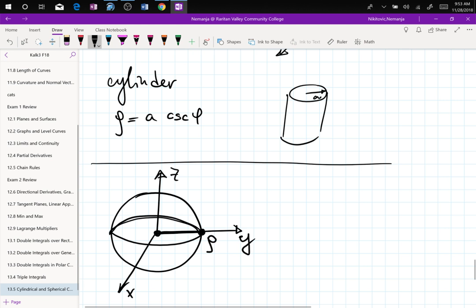From here to there is the radius rho on the plane. Then I have my theta, which is going to swing this in the xy plane to create a full circle, which is a disk. Think of it as a literally flat disk laying on the plane.